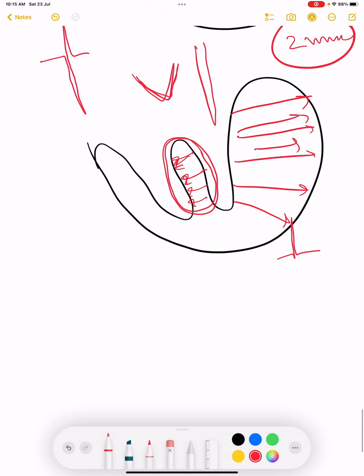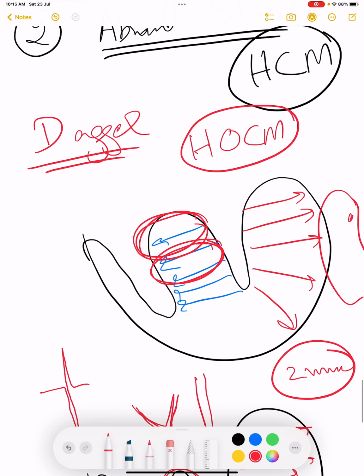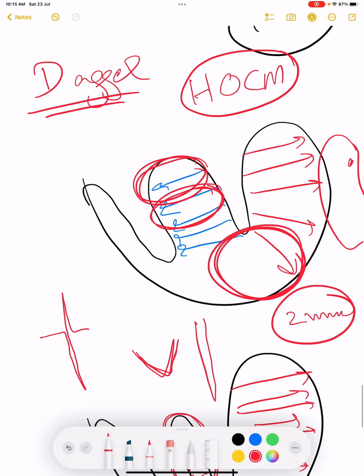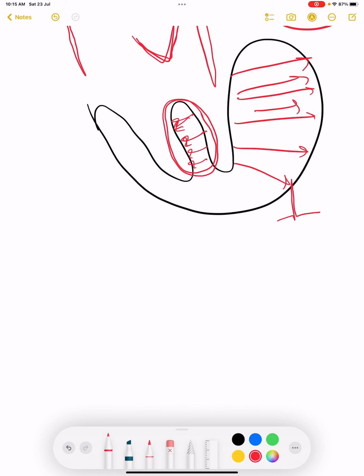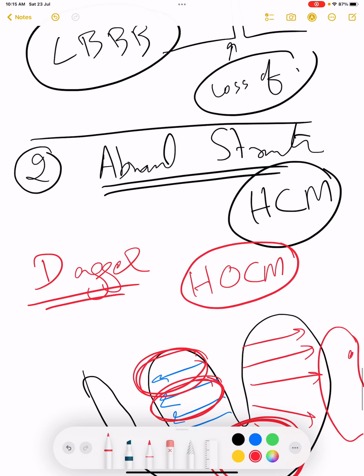Now there is a special type of hypertrophic cardiomyopathy in which only the apex is hypertrophied, but the septum size is normal. That has nothing to do with Q wave, but I'm discussing it because we are discussing hypertrophic cardiomyopathy.